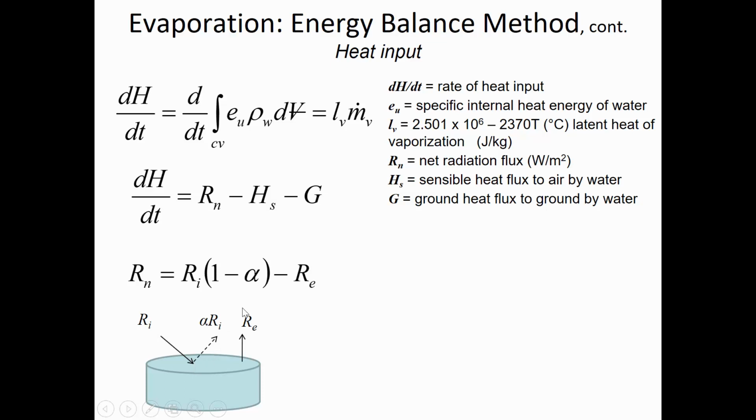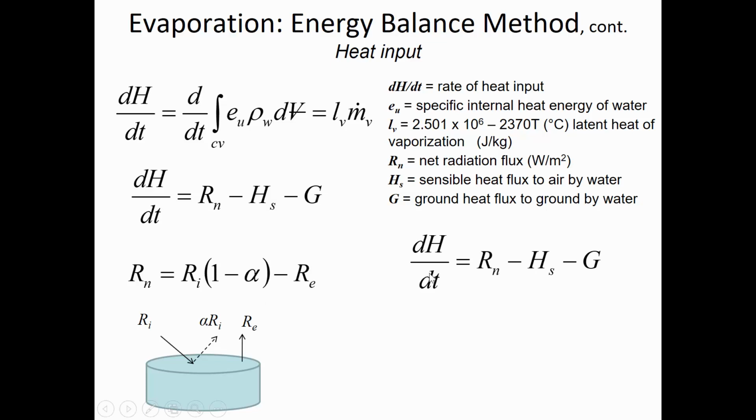So there can be reflection off the surface of the water, and then there's also emission of radiation from the water, just because the long wave radiation that's at a different wavelength, but it's still energy that's being lost by the water. And so the water can't evaporate using this energy, because this energy is being reflected back out into space.